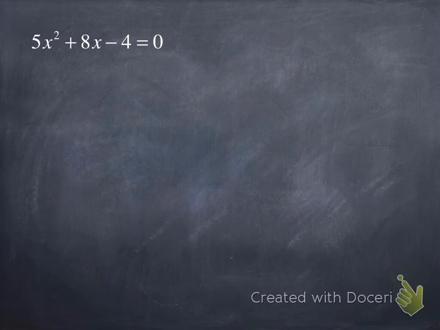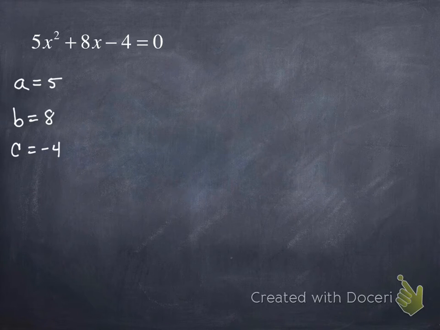If I have 5x squared plus 8x minus 4, again, I can try factoring it, and that might work, but I'm going to go ahead and apply the quadratic formula. So I'm going to say a equals 5, b equals 8, and c equals negative 4. And I'm going to set up my formula.